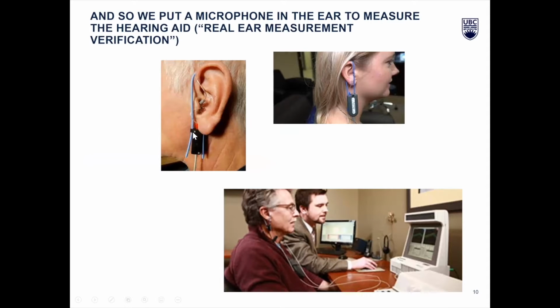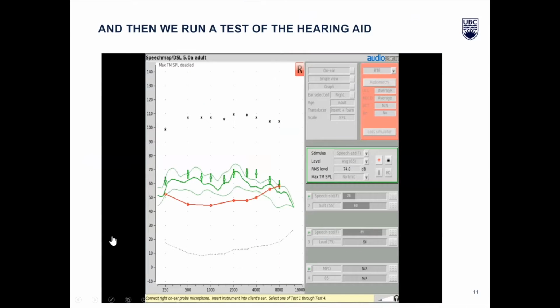So we have probe tube microphones we put in the ears to make the measurements. And then we have equipment for this purpose that gives us a nice reading that's really directed for the audiologist, so the clinician, which maybe doesn't make a lot of sense to the average patient coming in and getting hearing aids.